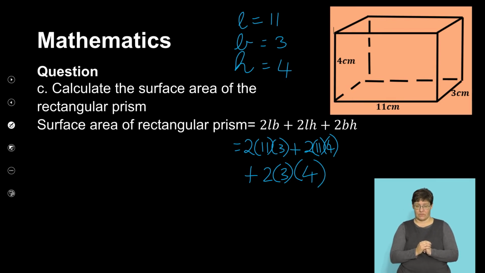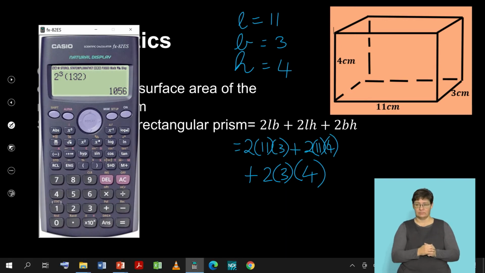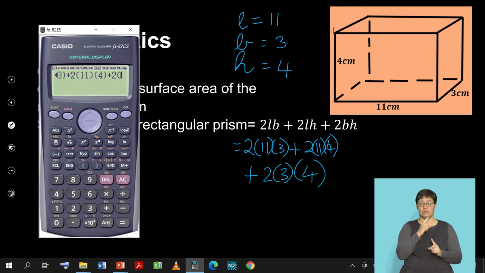So I've now substituted in the length, the breadth, and the height to get the area of all of these rectangles. Now I'm going to plug it all into my calculator just so I can get a final answer. So it's going to be 2 times 11 times 3 plus 2 times 11 times 4 plus 2 times 3 times 4.